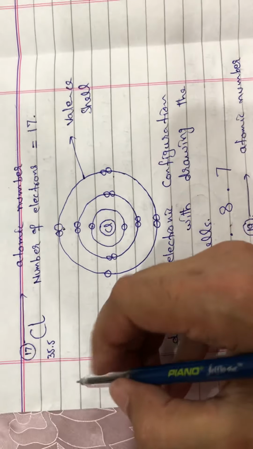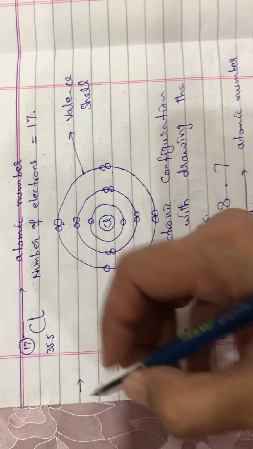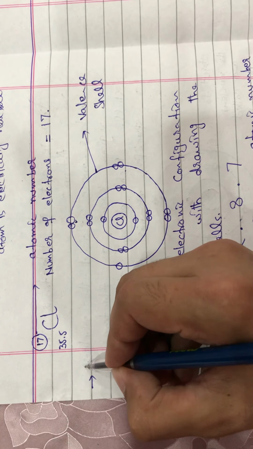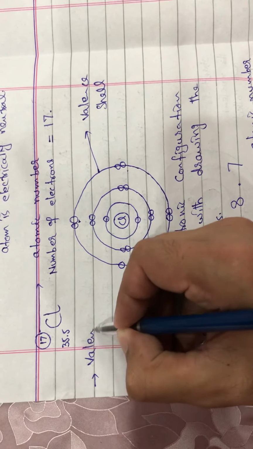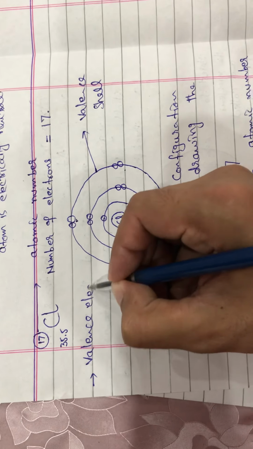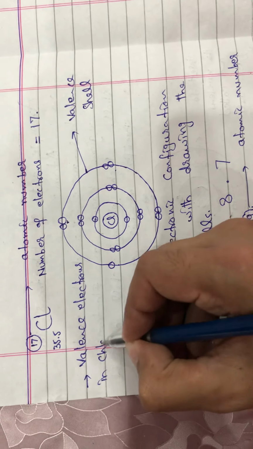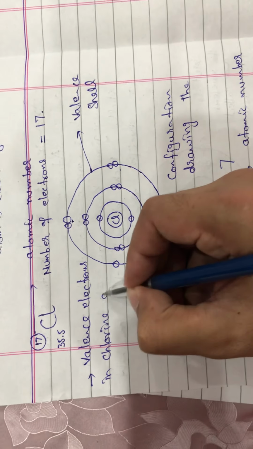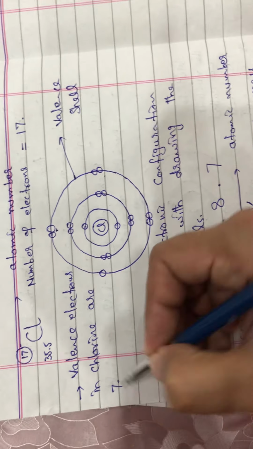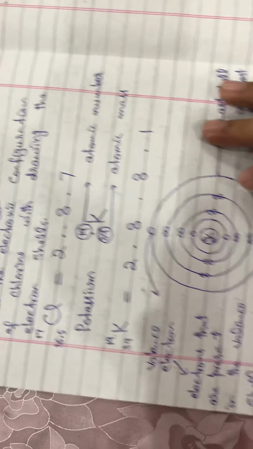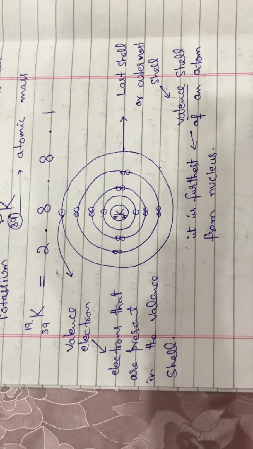It means the valence electrons in chlorine are 7. There are 7 valence electrons in our chlorine atom.